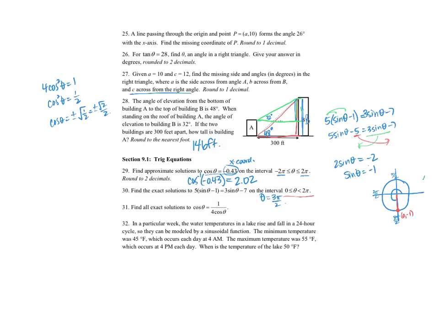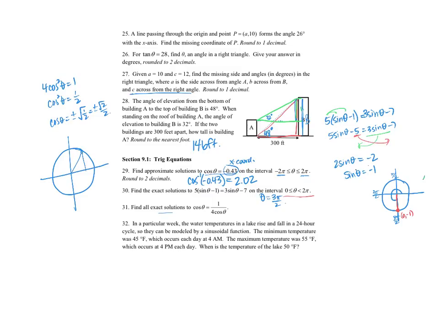And it doesn't specify whether I want my solutions to be in degrees or radians. So I'm just going to go ahead and write my answer in radians, but you could just as easily write it in degrees since it doesn't specify here. And so if I think about angles that have cosine value square root of 2 over 2, I'm going to draw a unit circle. And the cosine, remember, corresponds with the x coordinate.